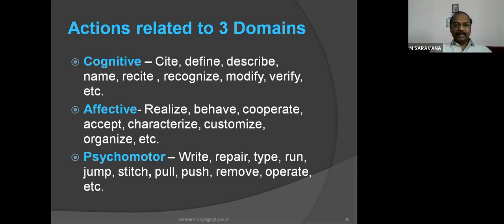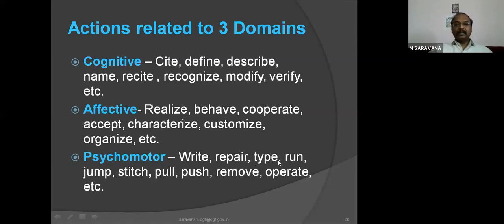So in the psychomotor domain, she will be able to write the statement, or he will be able to repair the machine, and type, run, jump, stitch, pull, push, remove, operate, etc. These terms are related to skill. So physical activity, physical performance.